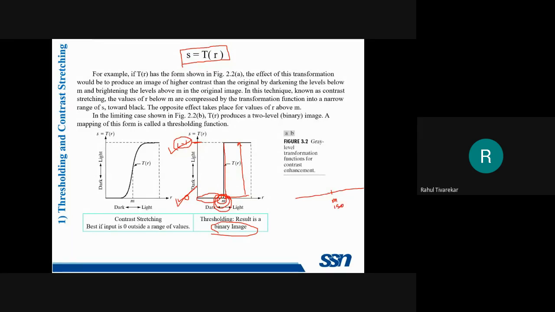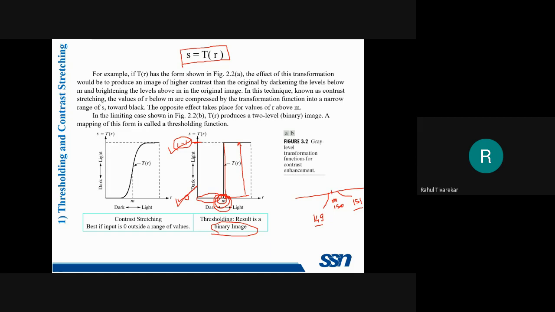A pixel having intensity 149, and after M a pixel having intensity 151, are not so differentiable by the naked eye.